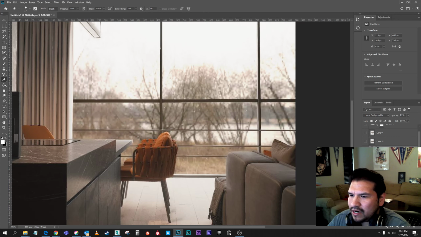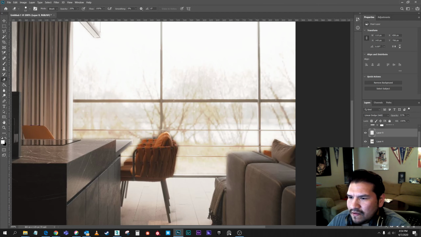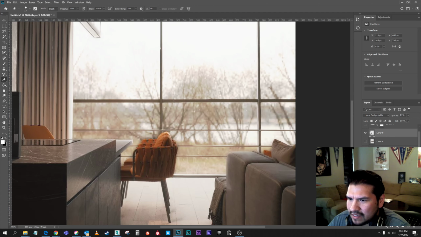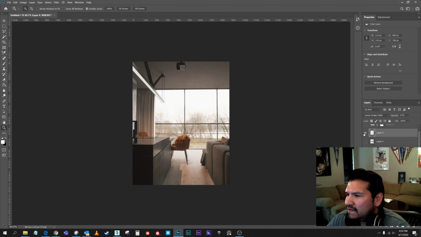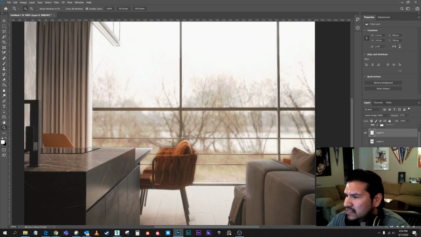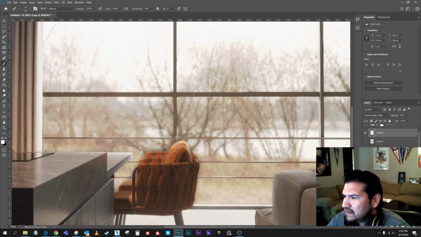So when we brighten this area up, let's say we did something like that, these areas here would get a little more light going onto these pieces.